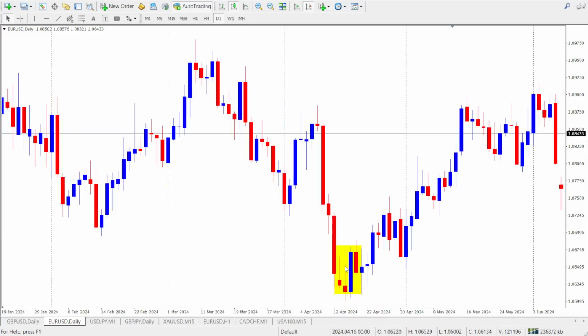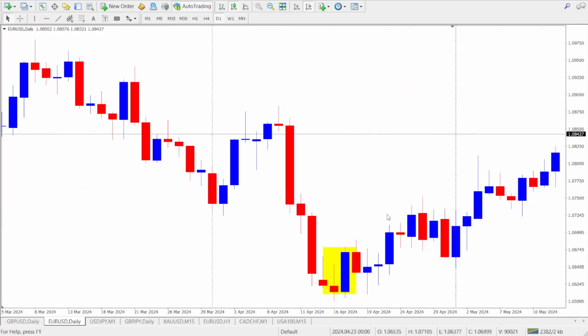We can see this example here, when the bullish candle completely covers the previous red candle, signaling that buyers are stepping in.